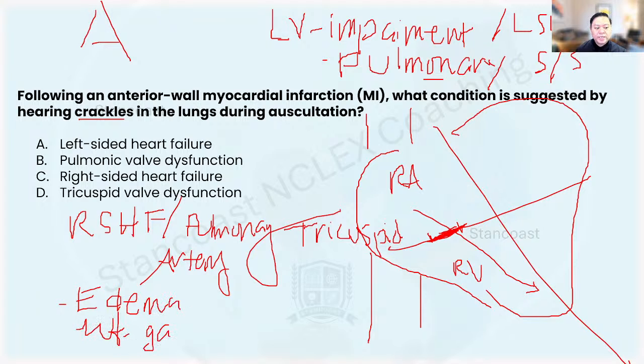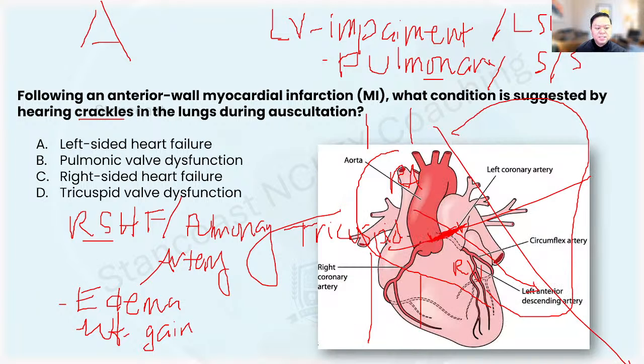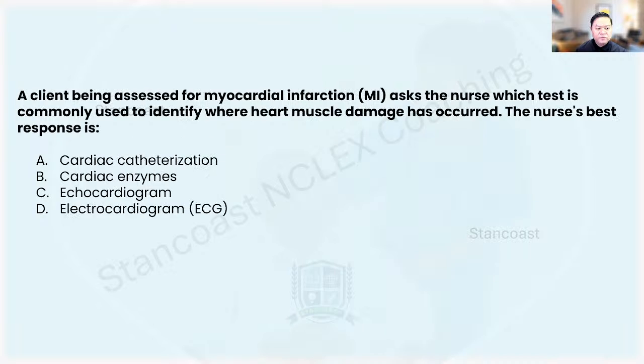We are talking about the right side of the heart here as a problem, right-sided heart failure. Edema, weight gain, JVD positive, and also the hepatomegaly. Okay, so just simplifying. All right, so let's move forward to the next question. Quite messy here. It looks like a war zone. Moving on to the next question.